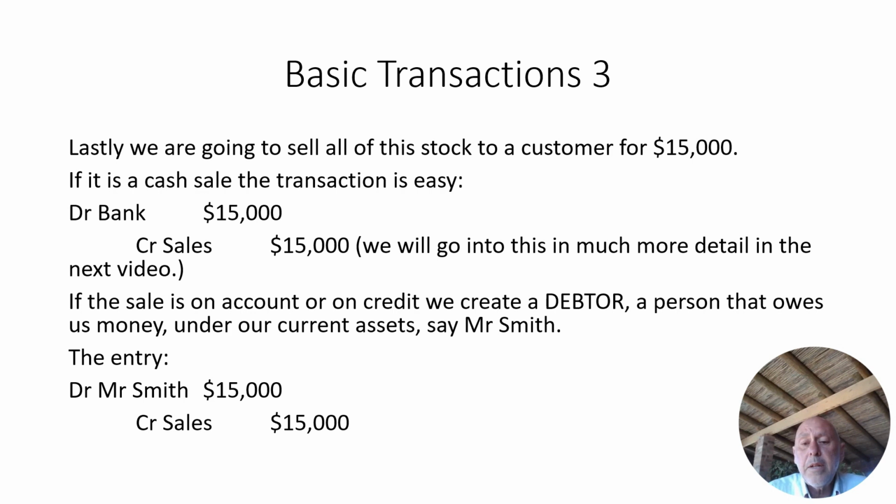Let's just call this person Mr. Smith. Mr. Smith as a debtor is also a current asset. It's on the debit side of your balance sheet. So to add what he owes to us, we're debiting Mr. Smith instead of cash. It's exactly the same way around, but we're debiting Mr. Smith this time. And again, we're crediting sales. And like I said, I will explain that.